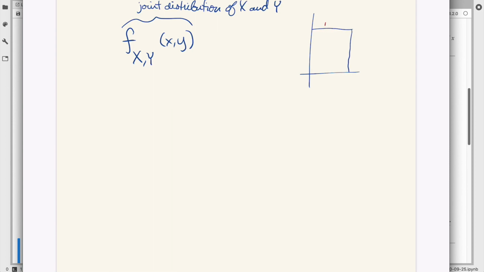Then if we take a particular vertical line, we're just going to restrict this joint distribution to that vertical line, and that's going to tell us how the conditional mass is laid out along the line. So basically we want the conditional distribution to just be the joint distribution, except that when we integrate the joint distribution just along this line, we might not get 1, and the conditional probability distribution should add up to 1.